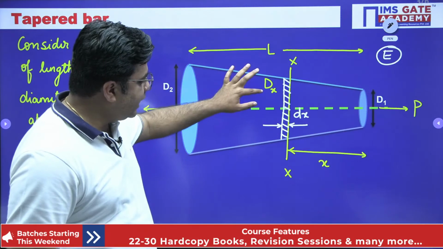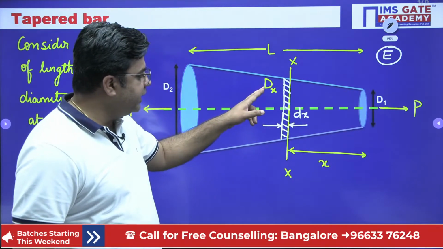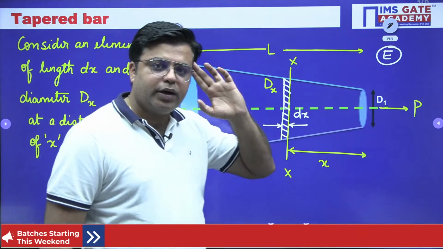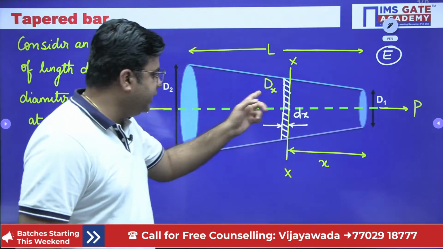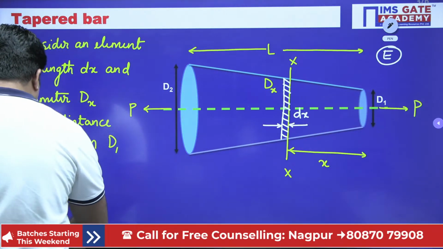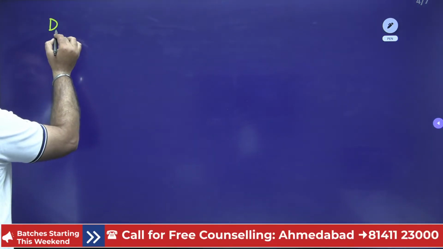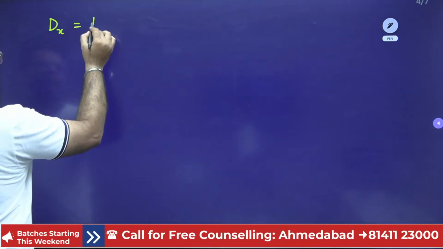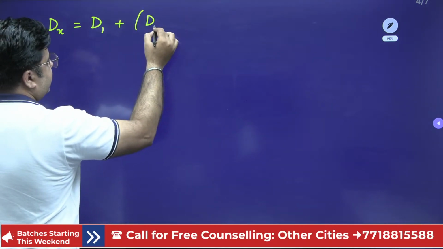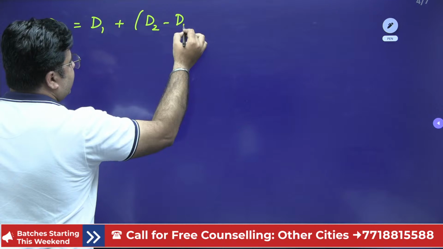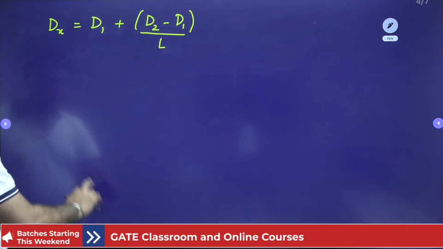Now, how to calculate this Dx? Calculation of this Dx is very easy if you remember the principle of similar triangles. This Dx can be simply calculated as D1 plus the change in diameter, D2 minus D1, and this change in diameter is happening over length x, right?